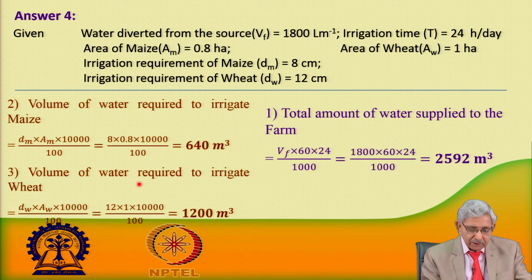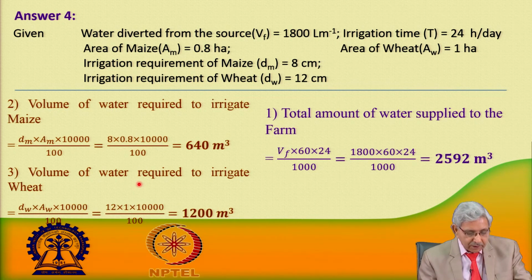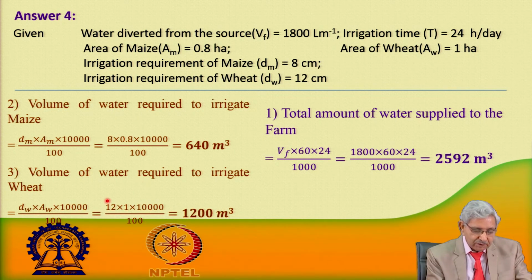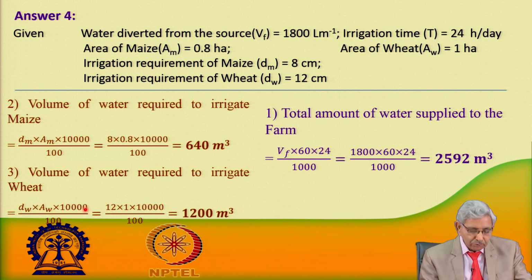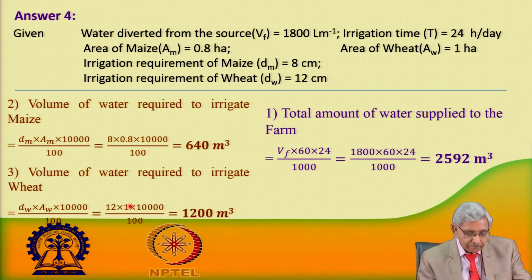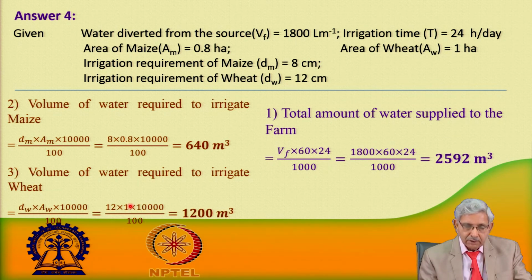So, volume of water required to irrigate wheat crop, similarly we will calculate. So, 12 divided by 100, it will become 0.12 meter multiplied by 1 hectare. So, 1 into 10,000 square meter.